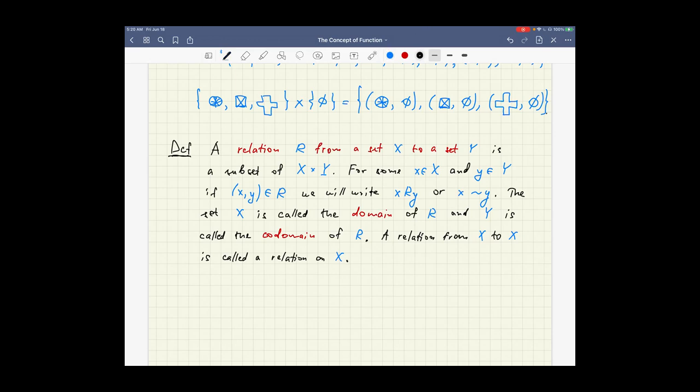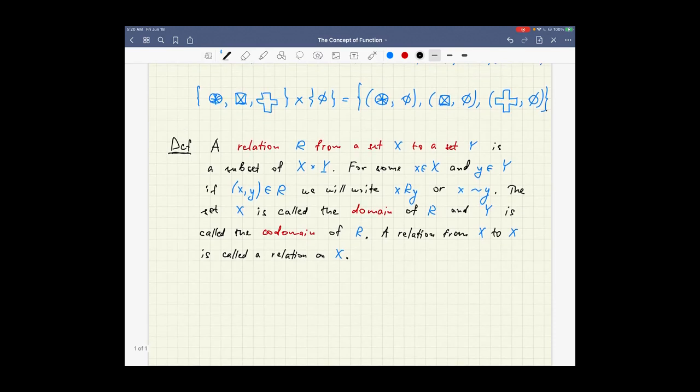Let's look at a simple example. Let's consider the following set of ordered pairs.